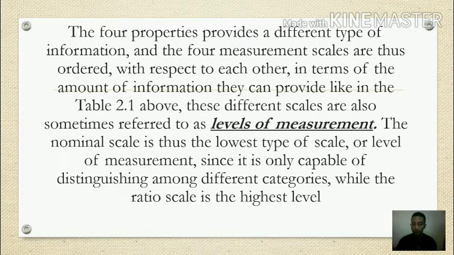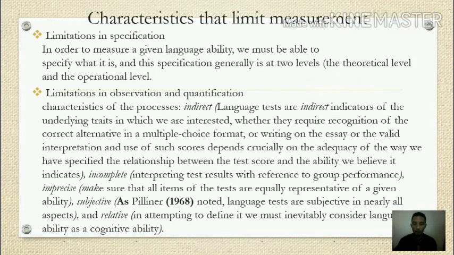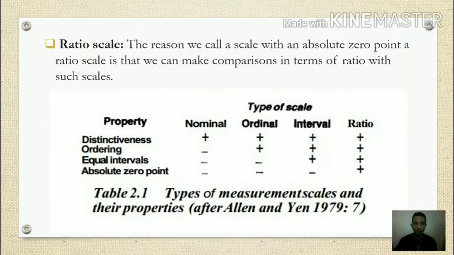Oke, sekarang coba kita lihat kembali yang sebelumnya. Nah, sudah dikatakan tadi bahwasanya keempat properti tersebut memberikan jenis informasi yang berbeda. Dan dengan demikian keempat skala pengukuran tersebut disusun berhubungan dengan satu sama lain.